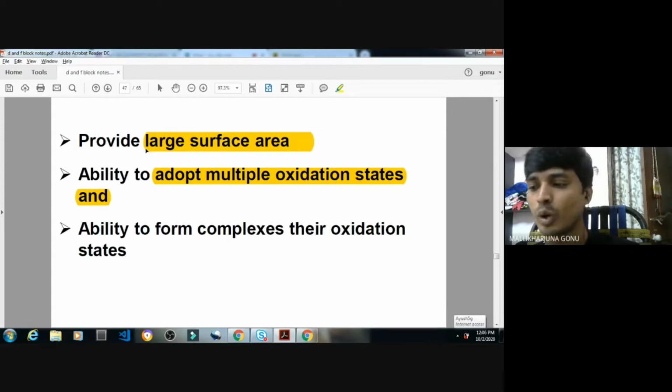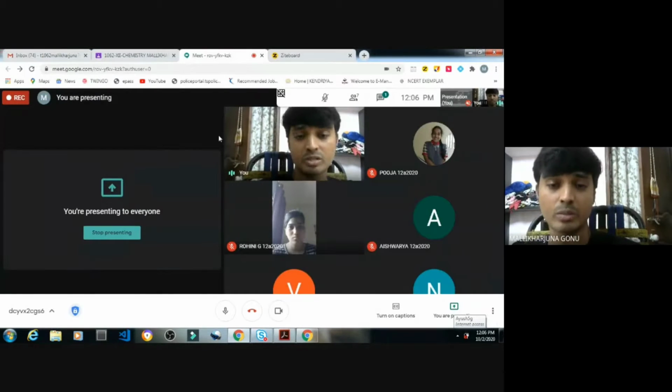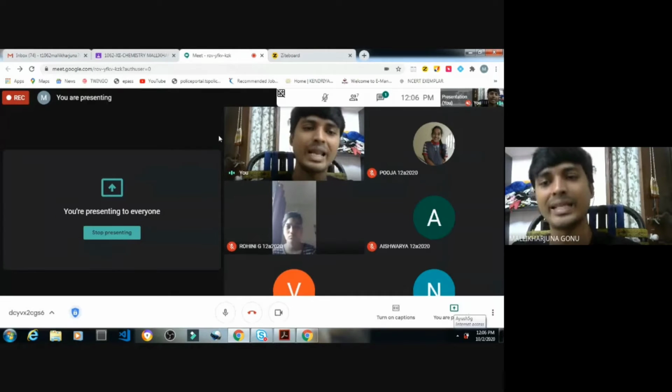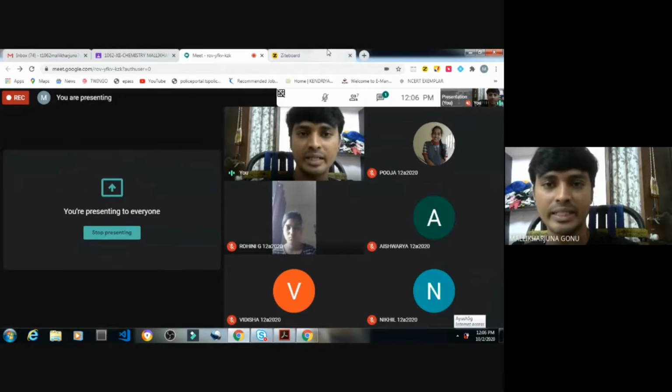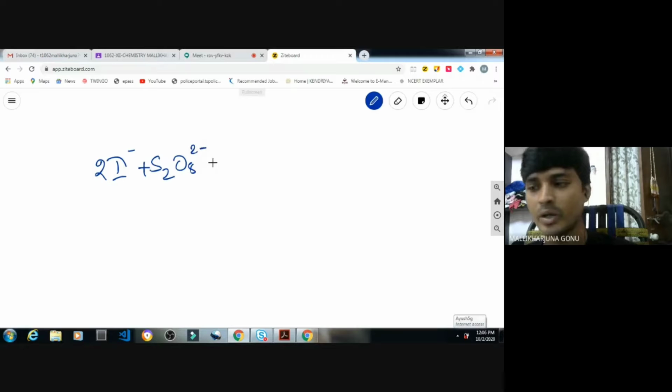Here, iron can form Fe2+ and also Fe3+. One important example is iron in the oxidation of I minus by S2O8 2 minus. Where have you studied this reaction?